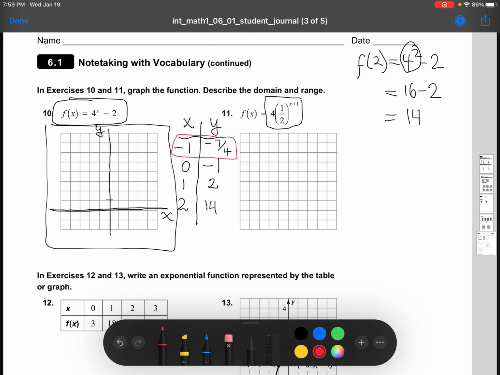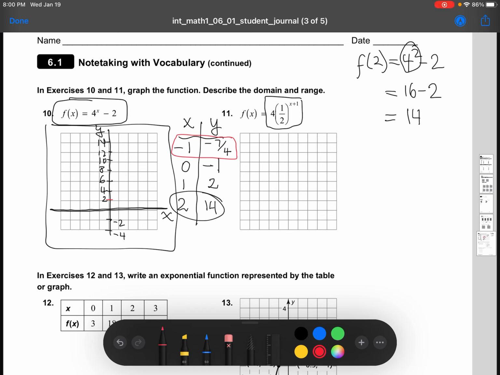I'm going to use black. The intervals had better be like 2, 4, 6, 8, and so on. You always take a look at the highest value. So this is going to be -2, -4, and so on. Now we can do it.